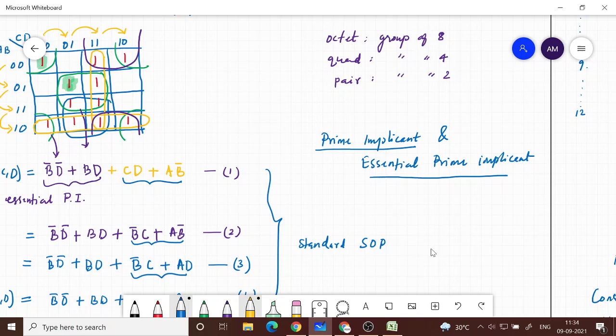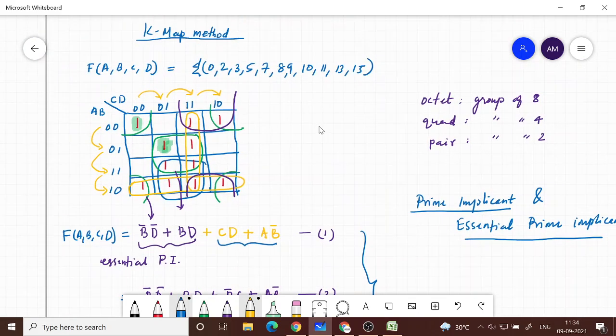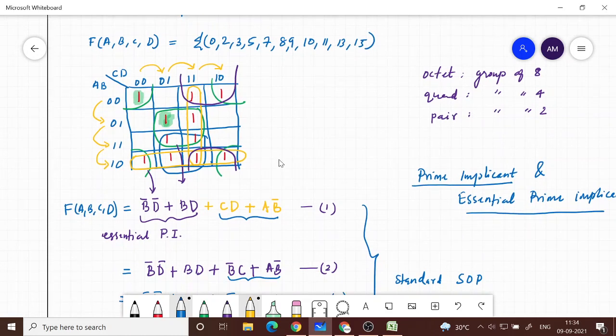Yeah, this is a problem from the book. You have a function given like this, and then you enter the ones, that is the minterms which are present, and then you try to group them.